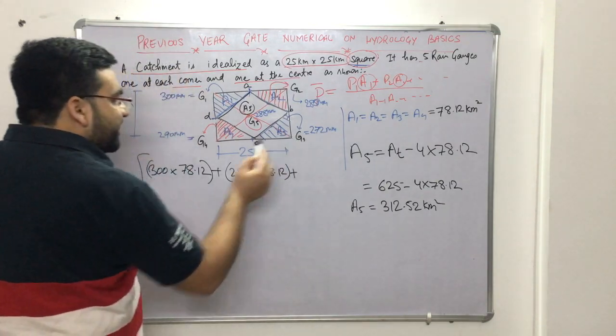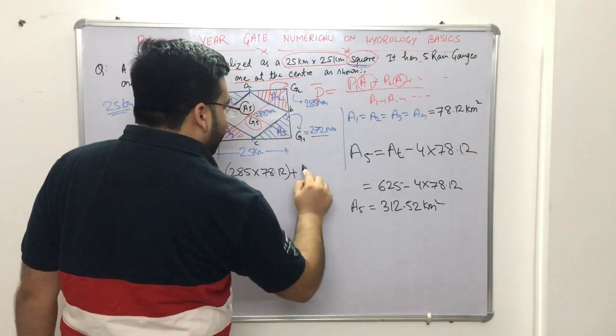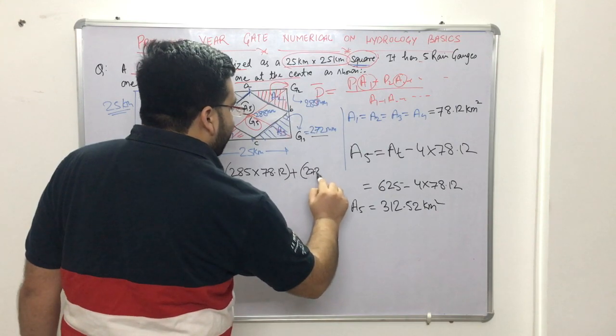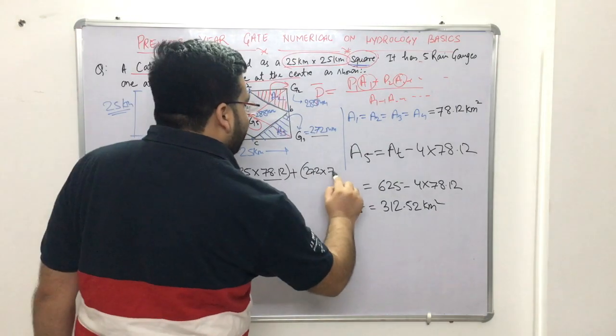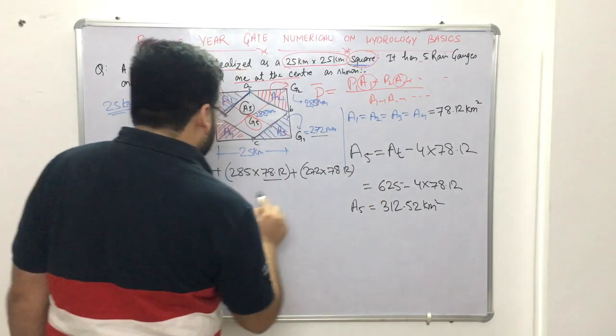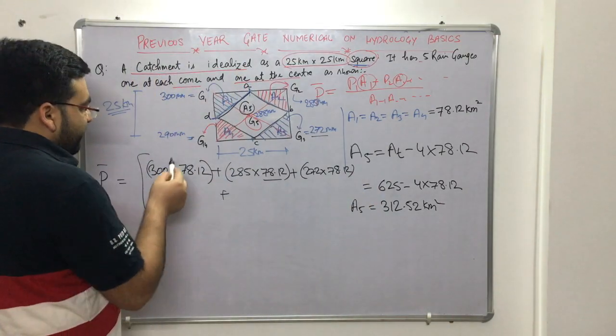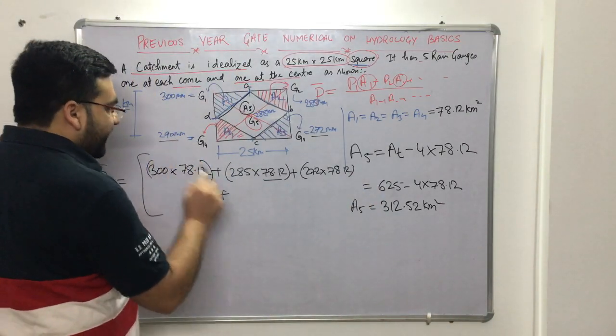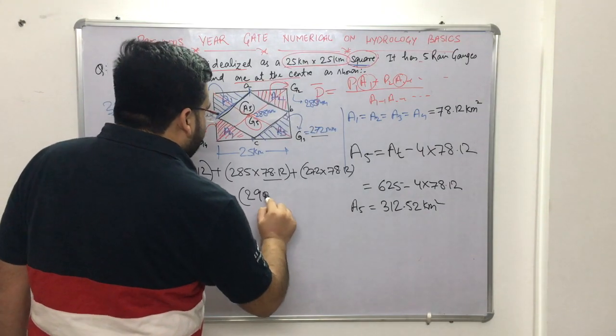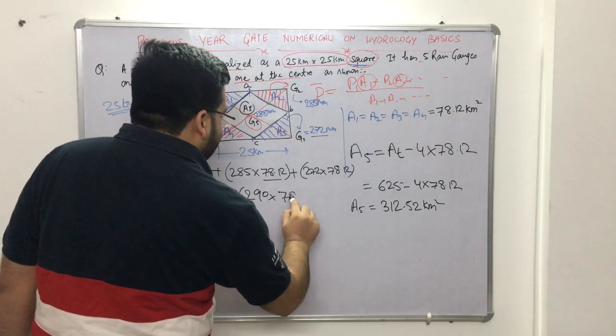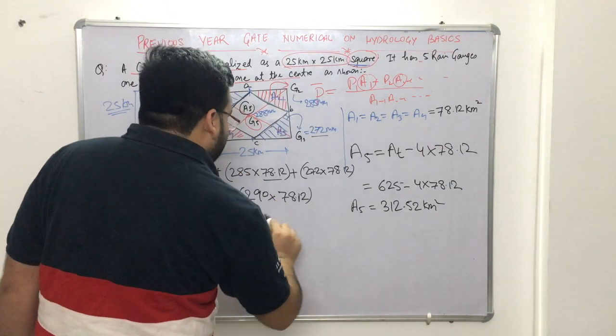Plus for G3 272, same area 78.12, and plus the fourth station, 290, into the same area 78.12, and plus the fifth one.